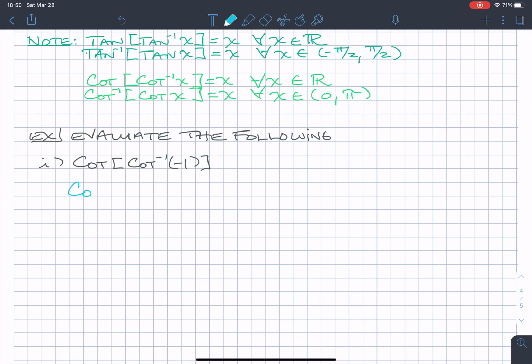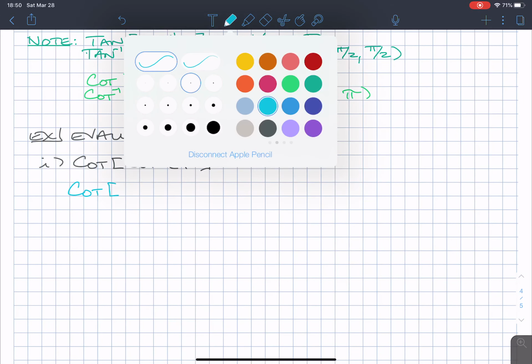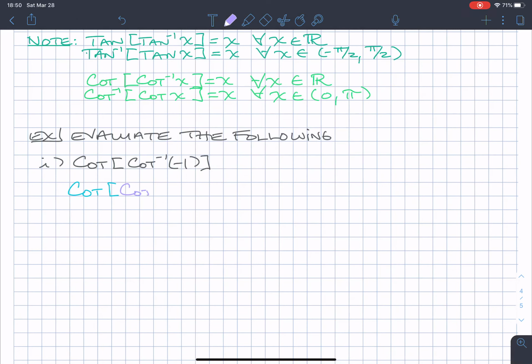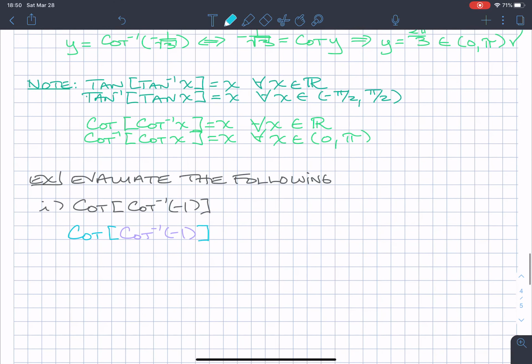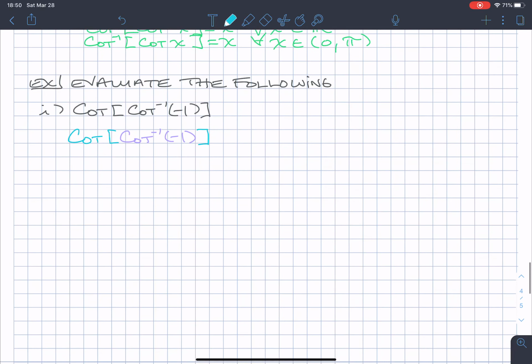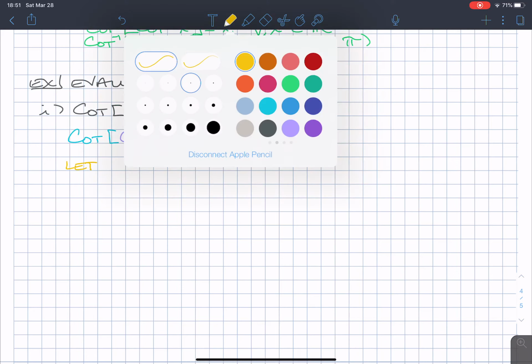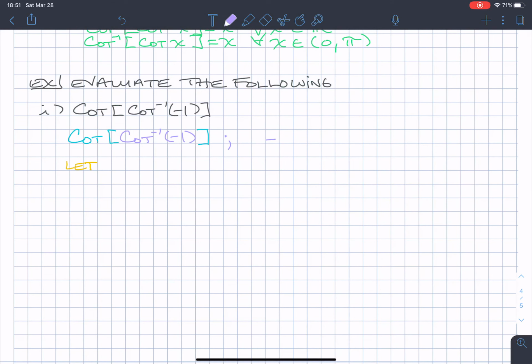So we have cotangent of inverse cotangent of negative 1. Inverse cotangent, that's going to be this guy here. My values of the input are all real numbers, so I'm okay there. Let me annotate that for a moment. Negative 1 is a real number, so we're okay.